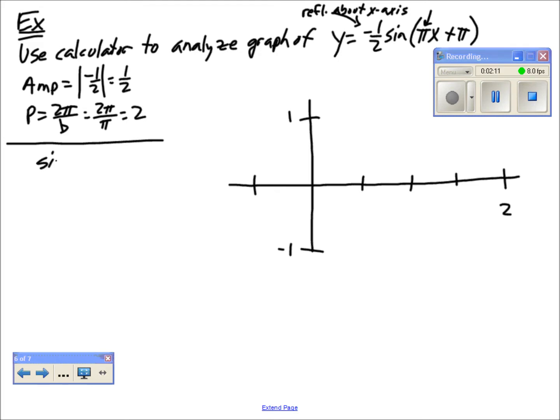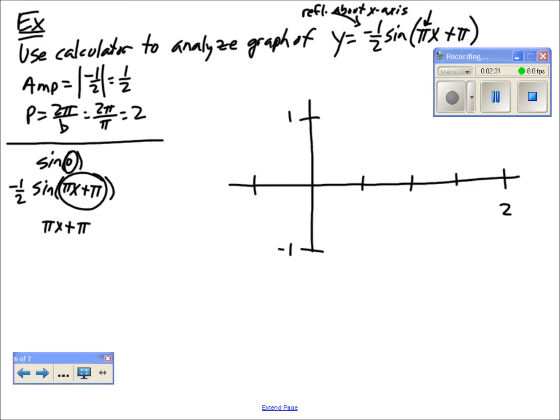So with this function, negative 1/2 sine pi x plus pi, if I can get that pi x plus pi to be 0, this will give me a nice point here that I can look at.